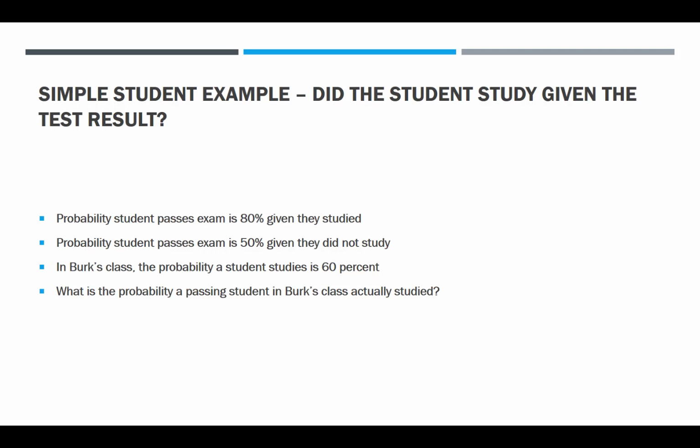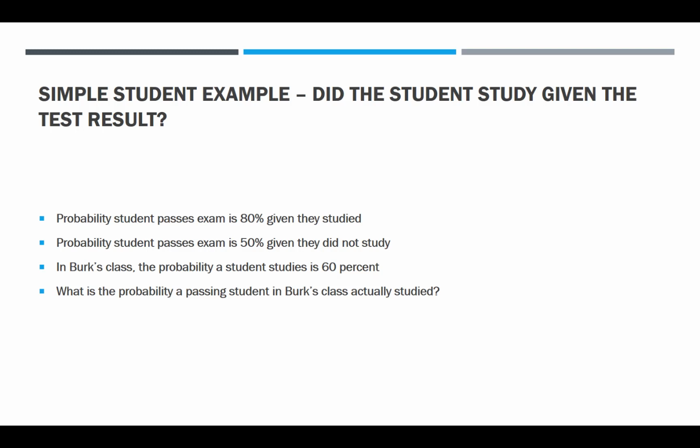Let's suppose that we have this case where the probability that a student passes an exam is 80% if they studied, right? So given that they studied, the probability that they're going to pass is 80%. The probability the student passes the exam is 50% if they did not study. All right, so if they didn't study, the probability they pass is 50%.